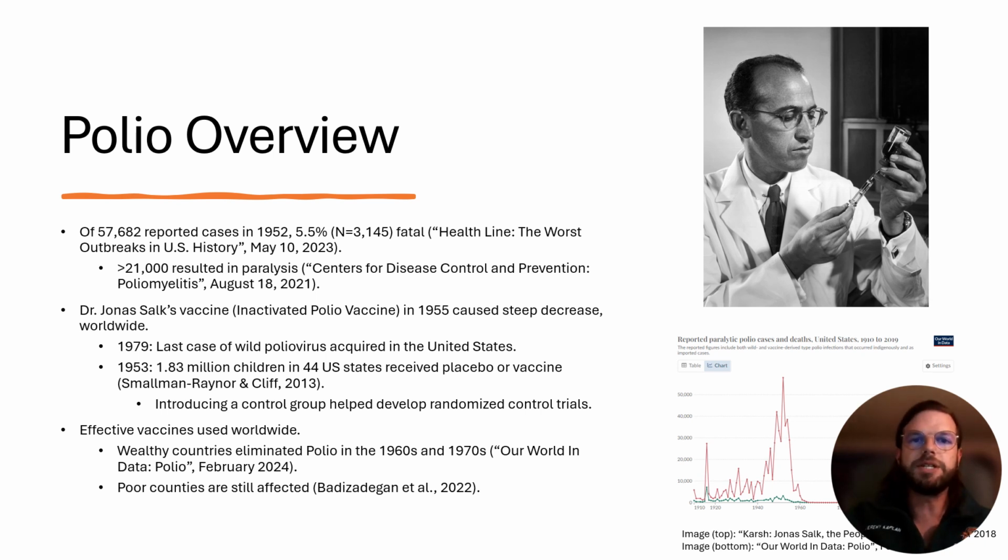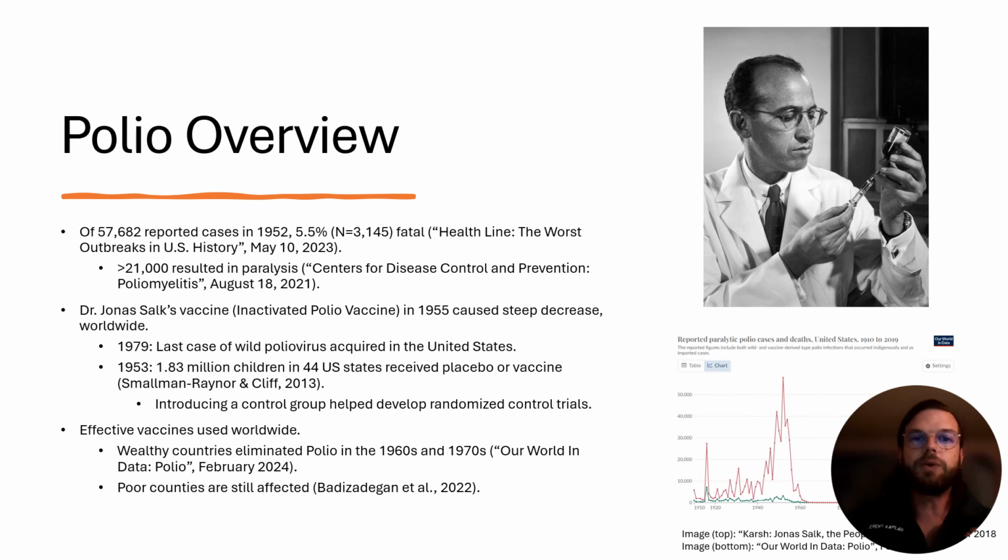In 1953, 1.83 million children in 44 states received either a placebo or the vaccine, and this introducing a control group was a massive step forward in development of randomized control trials in medicine. Effective vaccines are used worldwide, where healthy countries eliminated polio in the 1960s and 1970s, whereas poor countries are still very much affected.